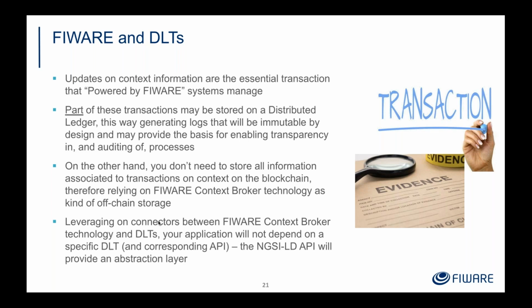We don't need to store all the information about those updates, but this is also a nice aspect about how the two technologies might be complemented, which is the fact that part of the information can be kept in the context broker or in the data sinks where history about context is being stored, to bring some sort of off-chain storage support to blockchain.